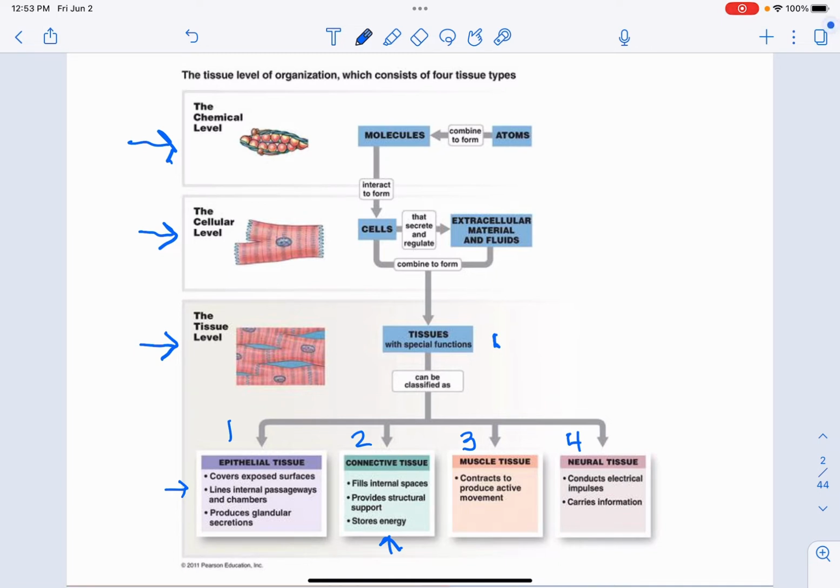And then we have smooth muscle, okay? And we'll talk about that later in the course. All of these have very similar functions. They generate force, so they can act against another object and cause movement. And they generate force by contracting.